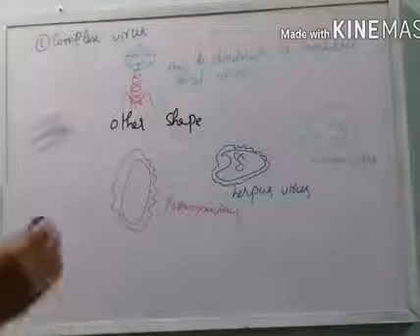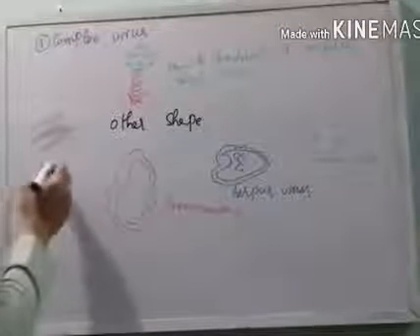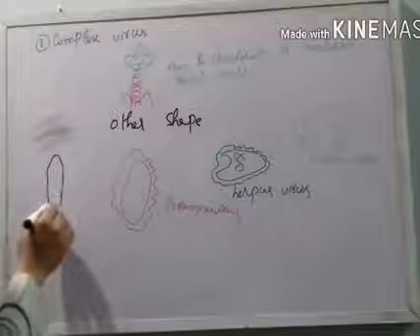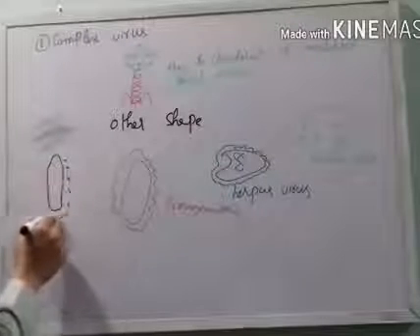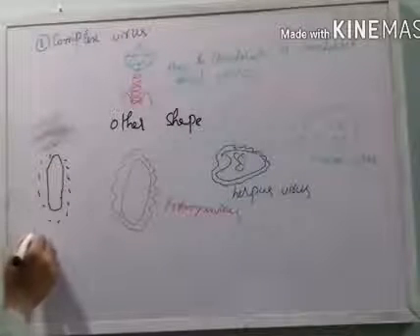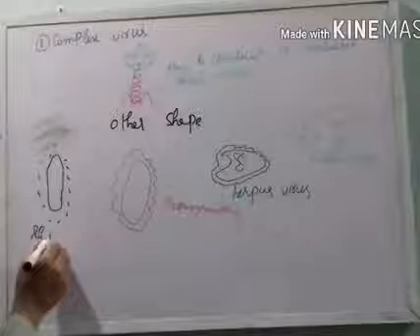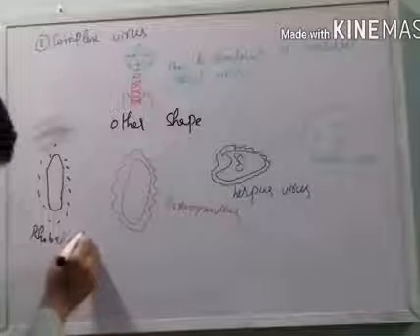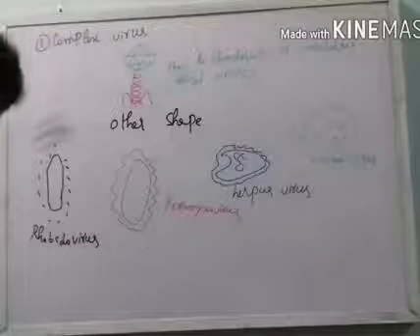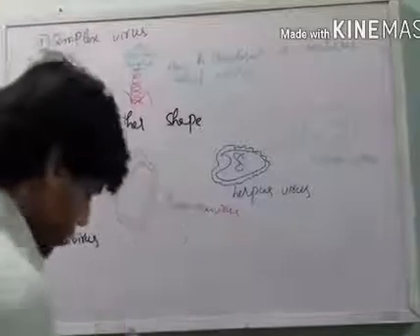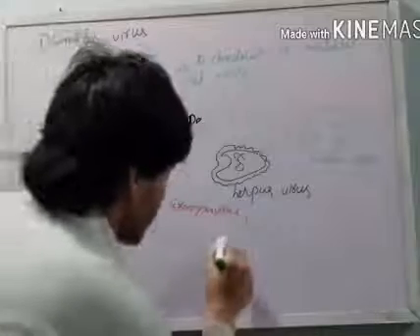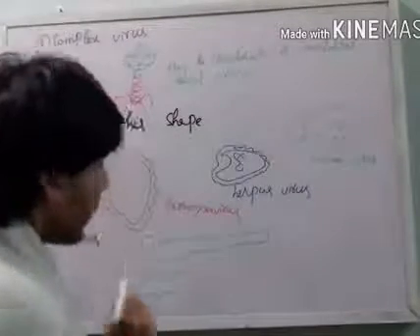Some viruses look like a bullet form. Let me write a bullet form, just like this. We call that the rhabdovirus. So the rhabdovirus will look like this form. We also have a shape that means rod, a rod form.